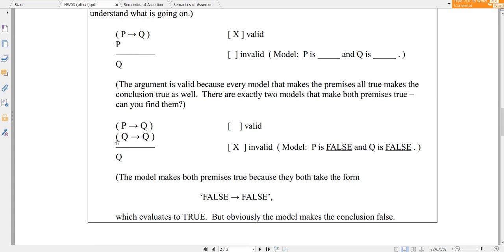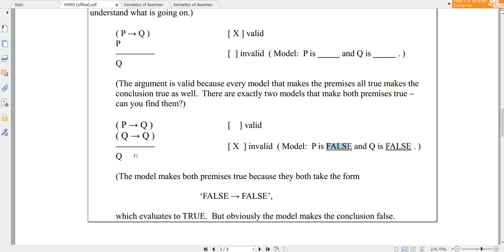Not so here though in the second example. As you can see, you can make the conclusion false, so Q is false here, here, and here. This is an idempotent, so this is going to be true no matter what. Now, can you make this true given that you have a false antecedent? And the answer is yes. If you assign a false to P, then this becomes true, and this becomes false.